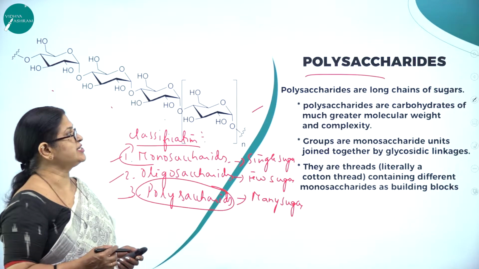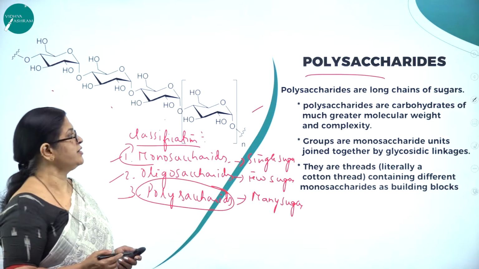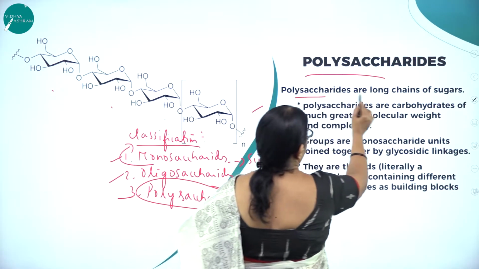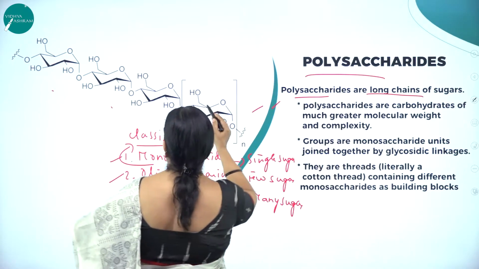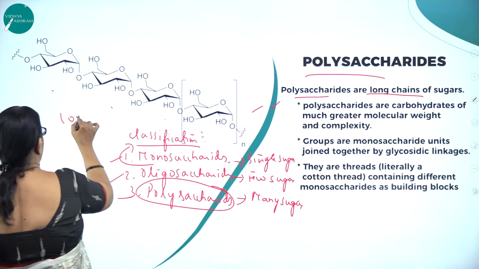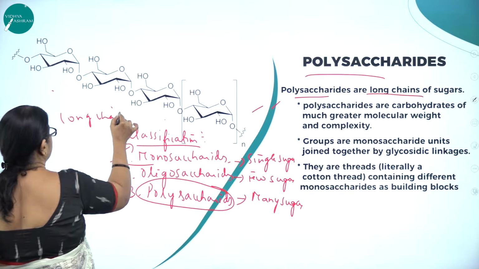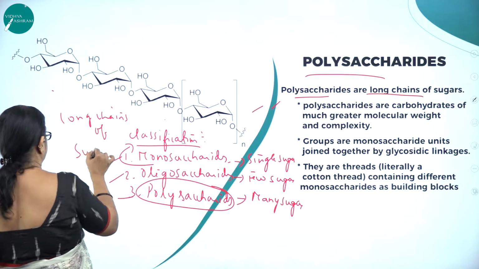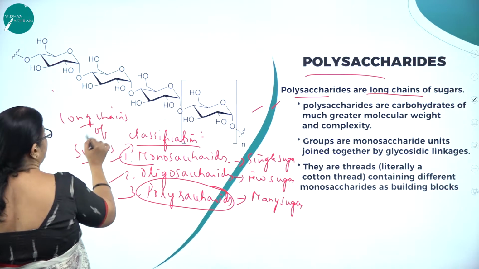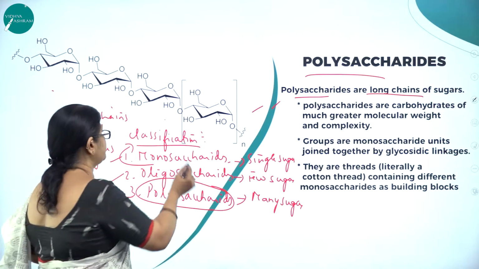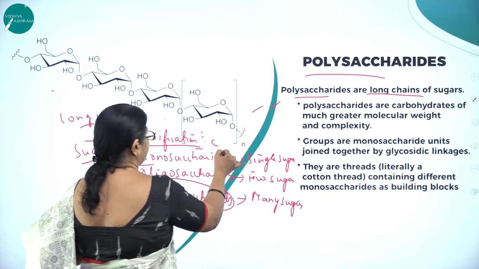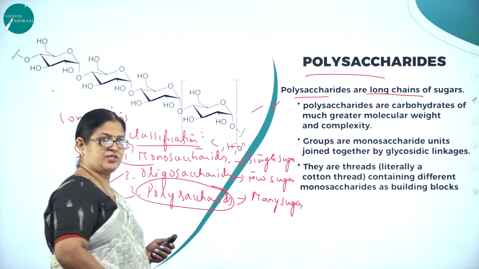So now let us understand what are polysaccharides. Polysaccharides are long chains of sugars. As we know, they are organic compounds made up of carbon, hydrogen and oxygen.